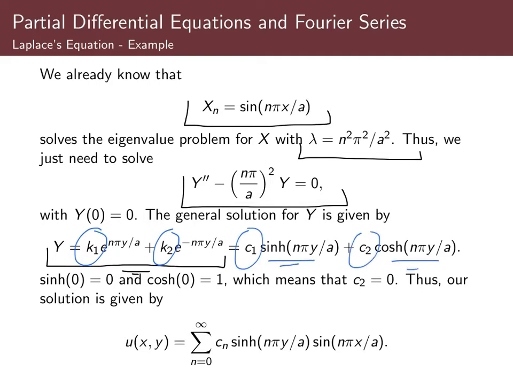The reason that works is because sinh of 0 is 0 and cosh of 0 is 1, which means our second coefficient is going to be 0, in the same way as if we had sine and cosine there. So our Y sub n's are given by these hyperbolic sine functions, and thus our solution, up to infinitely many arbitrary constants, is given by this sum of the product of hyperbolic sine functions with regular sine functions.